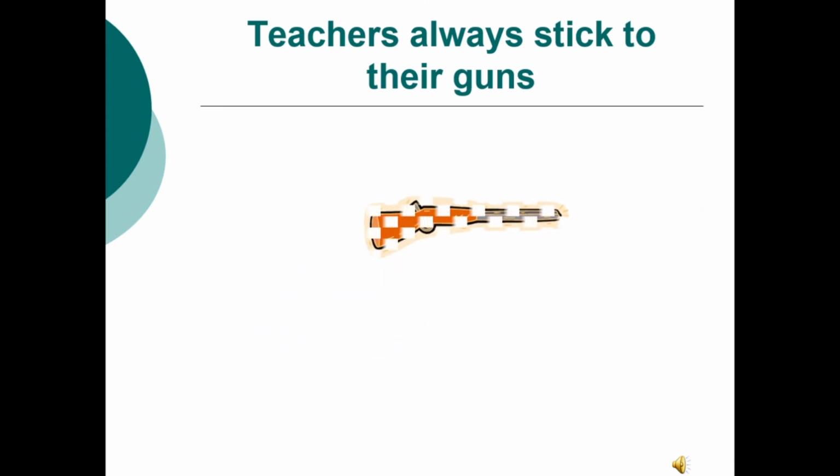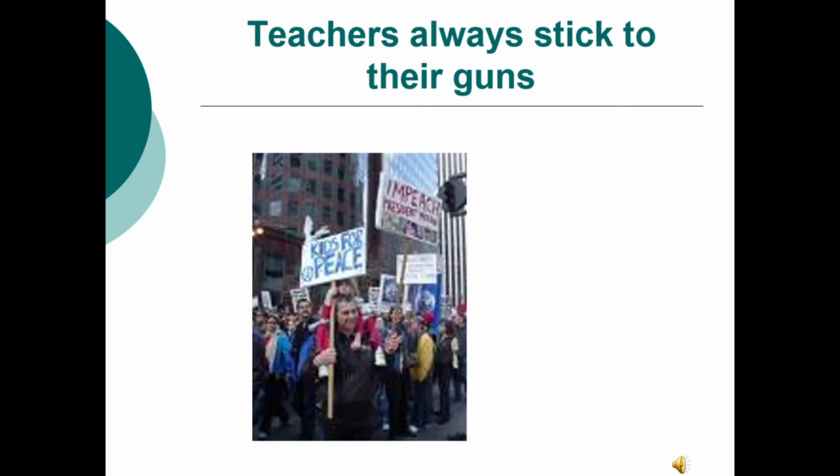So teachers always stick to their guns. It means they never change or compromise their ideas or change their opinions despite criticism. So no matter what you say to them, they always stick to their guns.